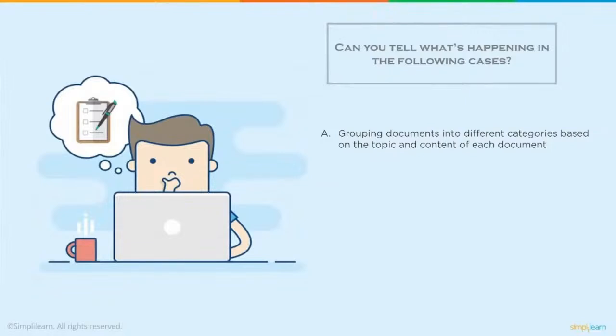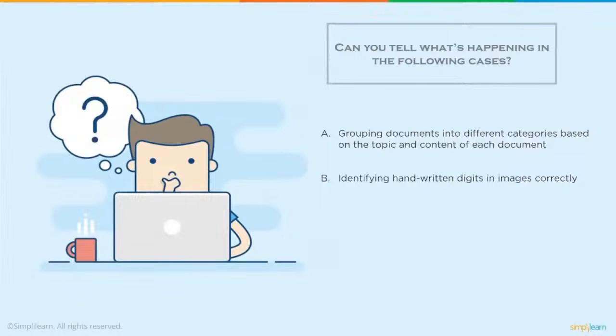So the first one is A, grouping documents into different categories based on the topic and content of each document. Very big these days. You have legal documents, maybe sports documents, maybe you're analyzing newspaper postings, but certainly having that automated is a huge thing in today's world. B, identifying handwritten digits in images correctly.